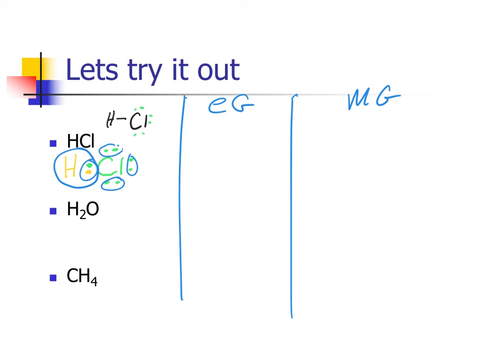3 of them are not bonding, because the ones that are just green are not bonding. And therefore, the electron geometry is tetrahedral. The molecular geometry is linear.